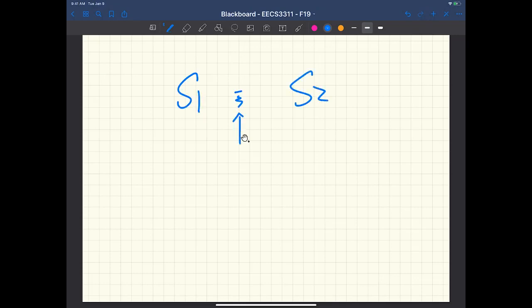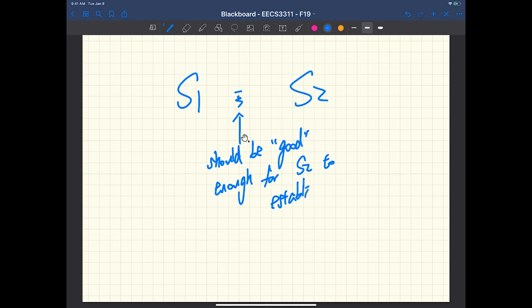So this particular intermediate state should be good enough for S2 to establish R. Again, upon termination, this is going to establish R. So now let's think about the formula. What would be the WP for S1 executed before S2 eventually to establish R?